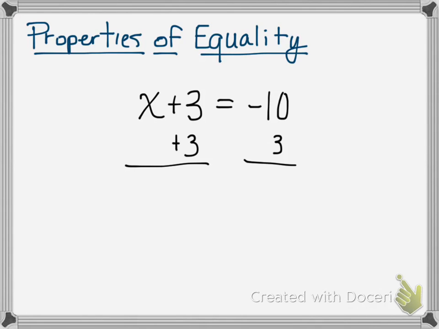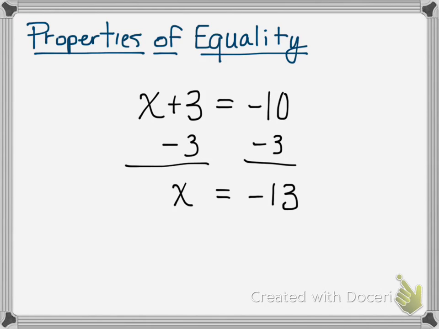Of course, I could add 3, but it's not going to help me solve that equation, which is what I wanted to do. I'm going to subtract 3 from both sides of that equation, and I will end up with a new equation that has the same solutions, and I can get x by itself. So -10 minus 3 would be -13. And so x equals -13 works in there.